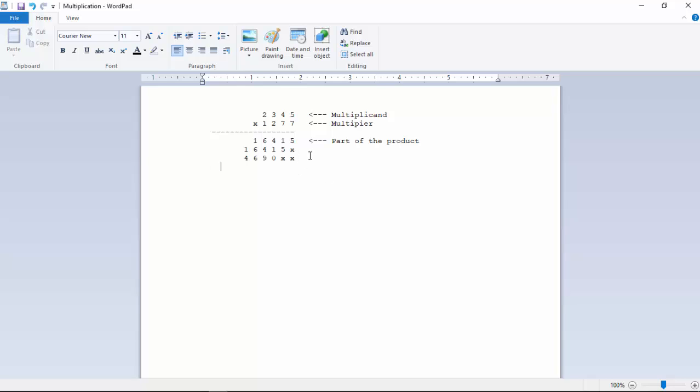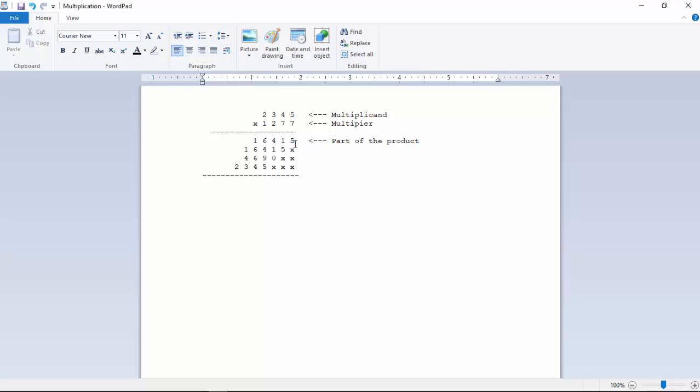Then the last one would be, we leave 3 spaces now for the fourth line, and 1 multiplied by 2345 gives 2345, and then we sum them up.